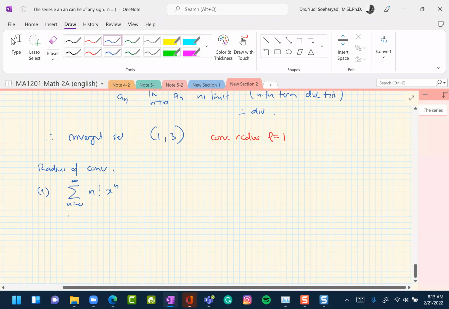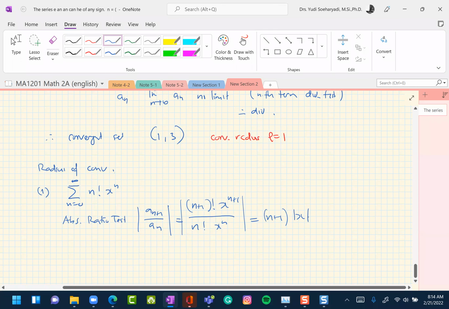Let's do the absolute ratio test: the absolute value of a_{n+1} over a_n. This gives you (n+1) factorial times x to the n+1, over n factorial times x to the n, absolute value. Factorial over n factorial gives n plus 1, and next is just the absolute value of x.